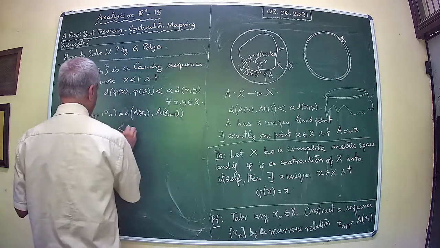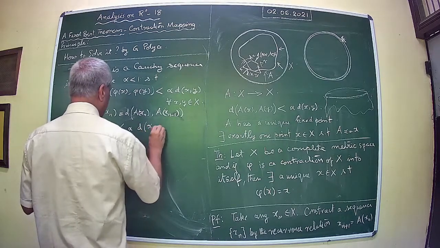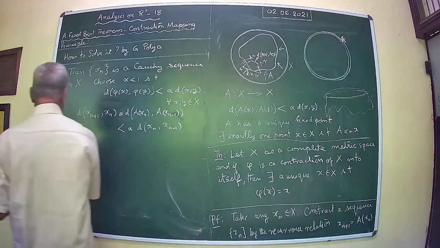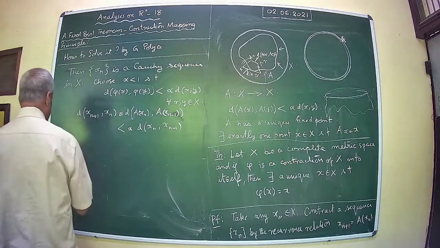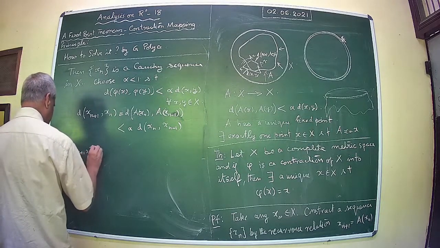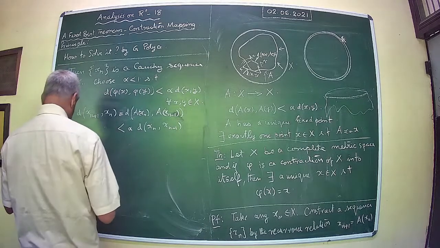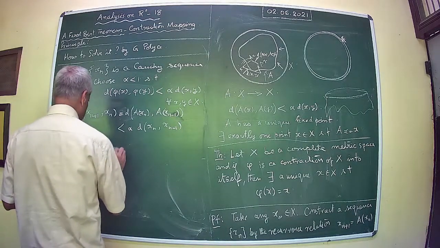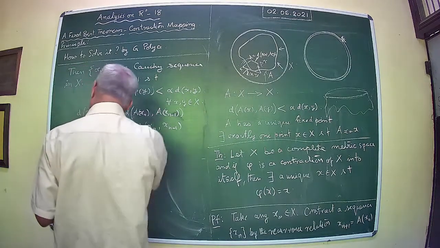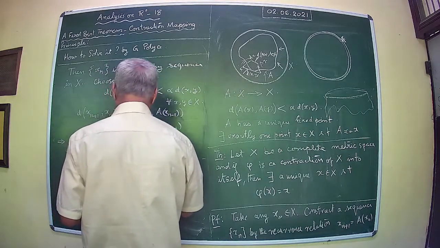this is less than alpha, which implies you can write this d(xn, x naught), and add and subtract terms using the triangular inequality, and eventually you have d.